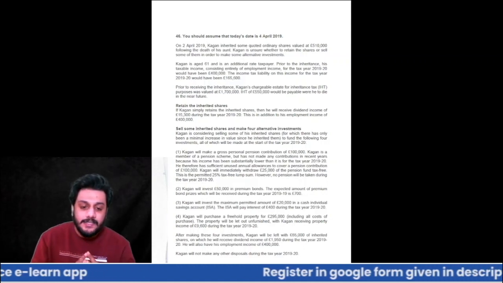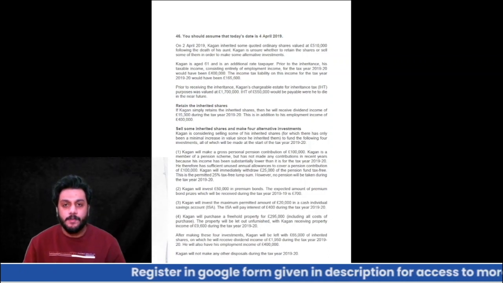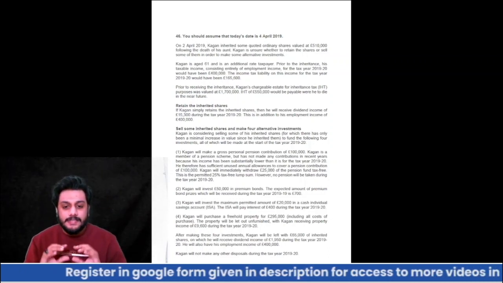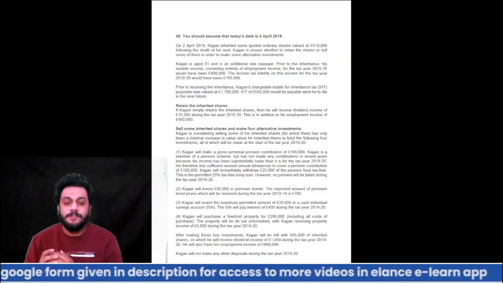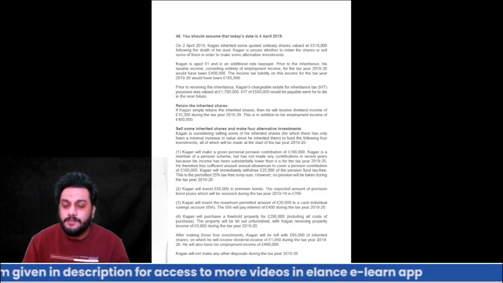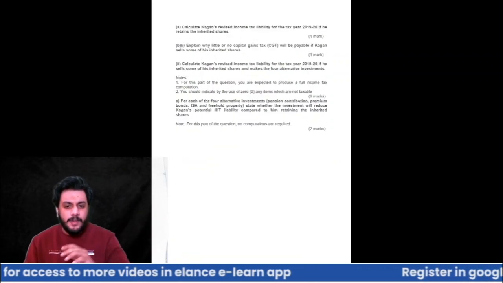This is in addition to his employment income of 400,000. Okay, so this paragraph itself gives the data which we require to answer the first requirement, which is requirement A. Okay, so let's go to requirement A again.